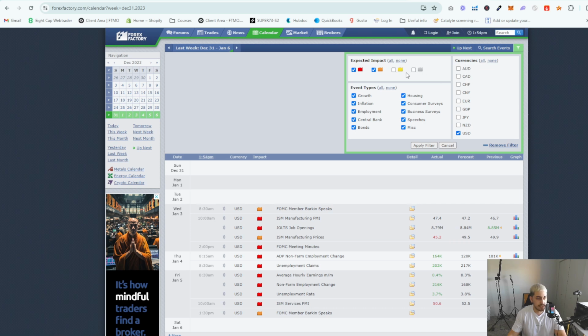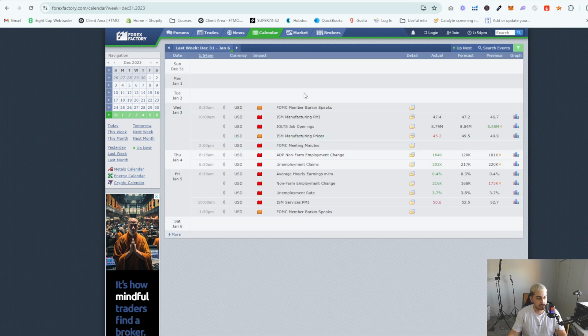So I turn off the gray and yellow folder and I leave the orange and red one on, because the red one is high impact, the orange one is medium impact, the yellow one is low impact, and the gray one is non-economic. Then I turn off all the currencies because the only currency I really trade is USD. But if you're trading maybe Euro or GBP with Forex, JPY, NZD, CAD, AUD, you could turn all these on and apply filter, and you'll get the other reports.